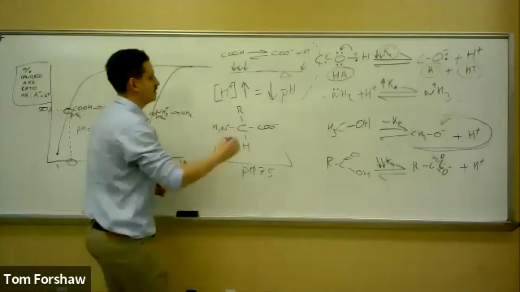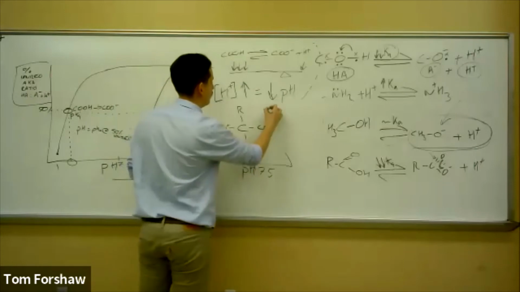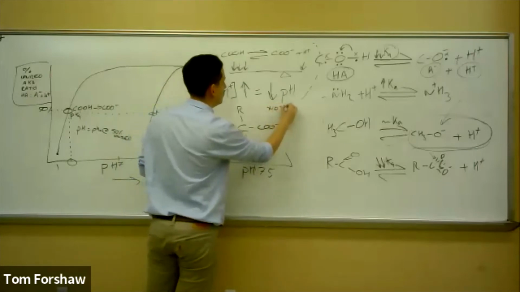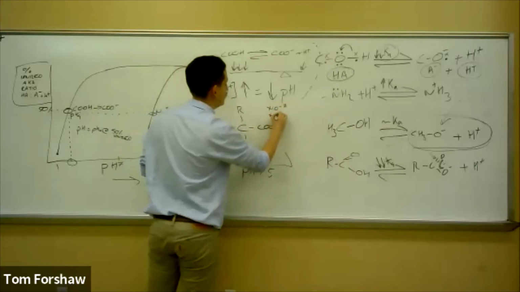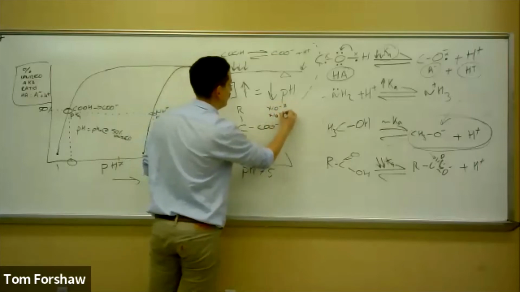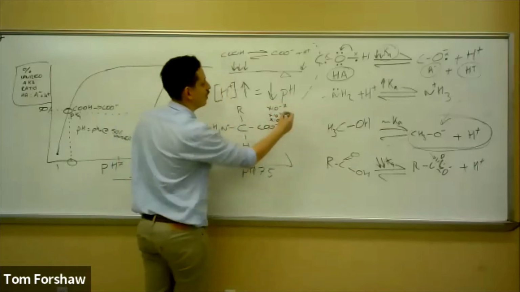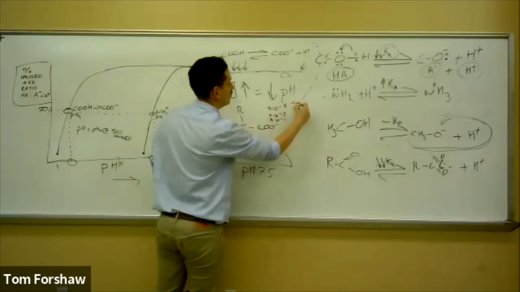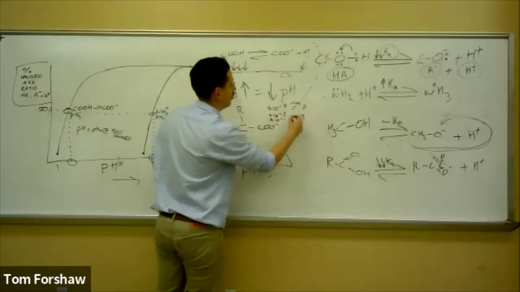Because if we have, for instance, 10 to the negative 7, 10 to the negative 3, and then 10 to the negative 1, we're going to take the negative logs of those. That'll be 7, 3, 1.